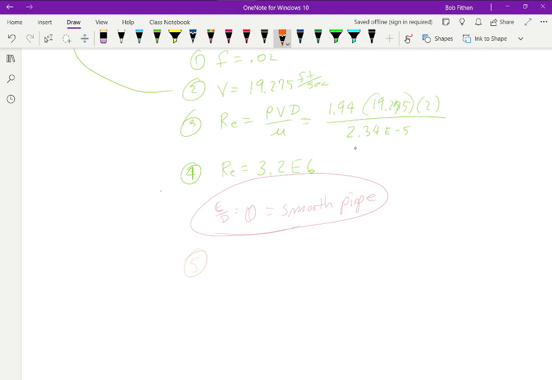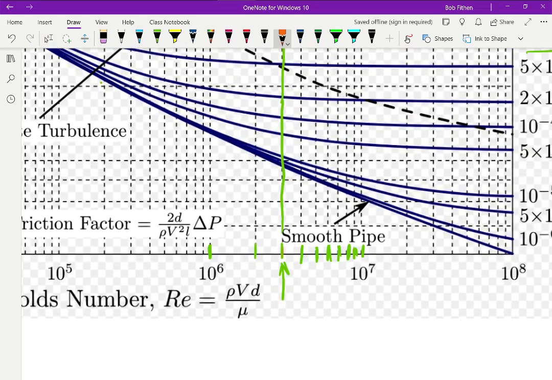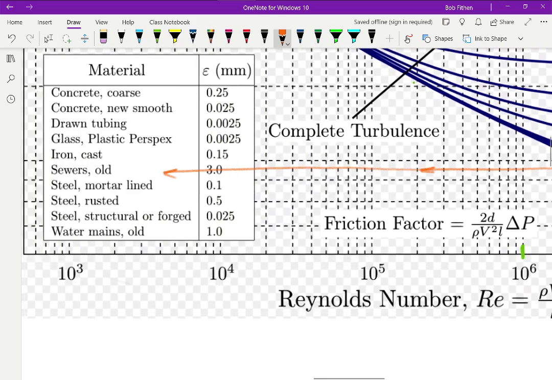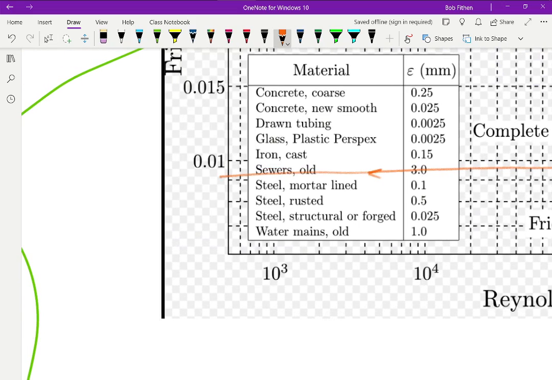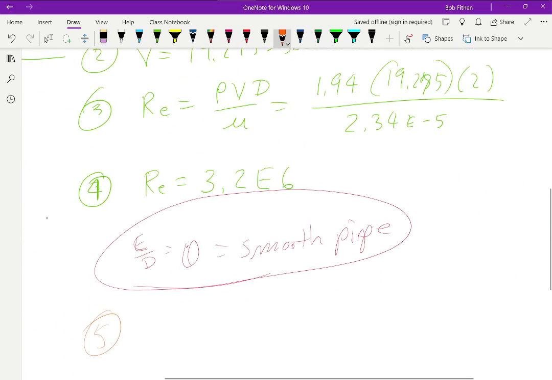So state 5 would be, I'll take my Reynolds number, go up until I hit that, and then we go straight to the left. And I would say, I don't know, 0.009. We'll just use that, 0.009. So F is equal to 0.009 from Moody's diagram.